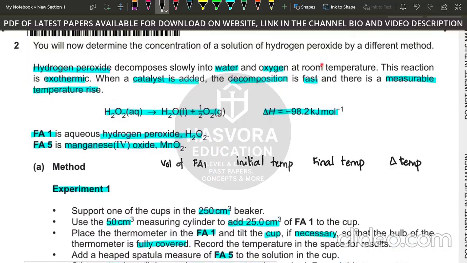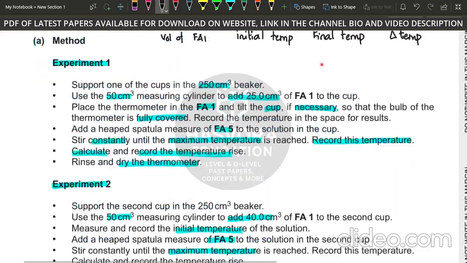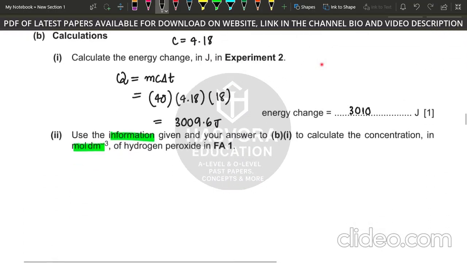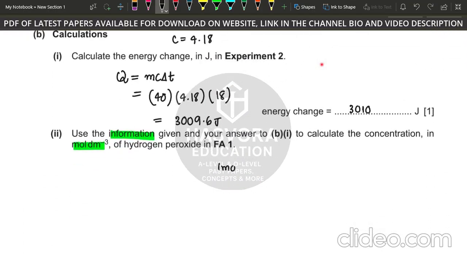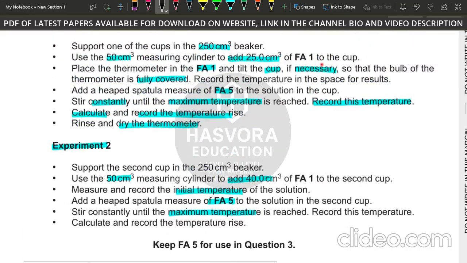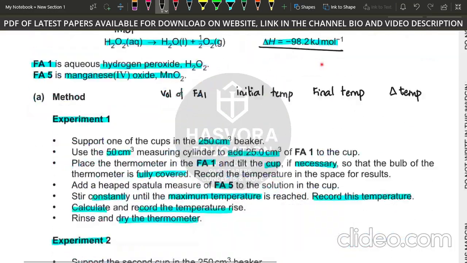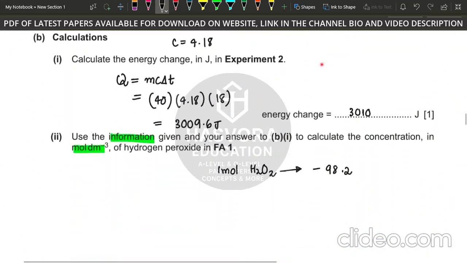Remember, I told you this is for 1 mole of hydrogen peroxide, and this releases 98.2 kilojoule. So if I just use 1 mole of hydrogen peroxide, this will actually release minus 98.2, and it is kilojoule. Okay, so it will be into 10 power 3 joules.